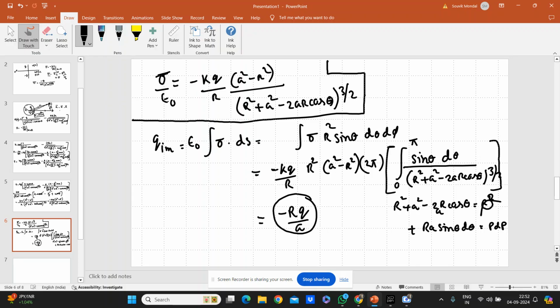I will urge you to do that problem later on, and also to check this integration, after which you will get this result. So this is the right formula for the distribution of charge density, and the dependence of charge density with respect to theta. Okay, thank you.